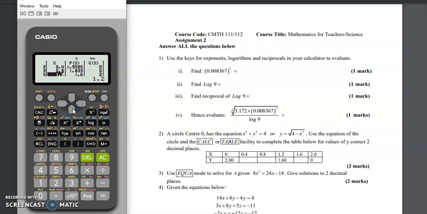Scroll down again, you will see when it is 1.2, that's 1.6 as it is indicated. And when it is 1.6, it is 1.20 to 2 decimal places. And then we already have 0 here, and that is how you evaluate using the equation mode or the calc mode of your calculator.